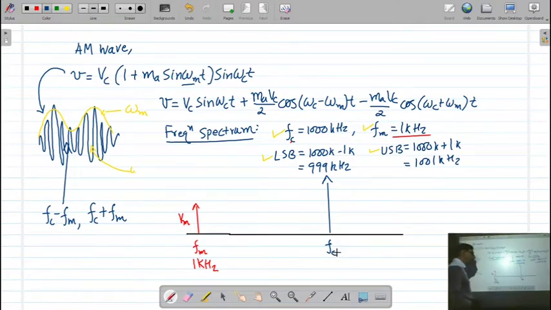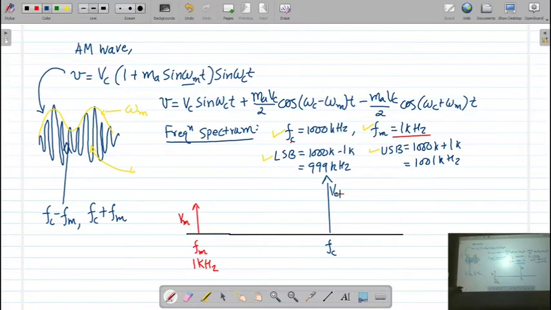The amplitude of this carrier frequency is greater than the amplitude of the modulating frequency. That's why the length of the arrow must be higher than the Vm, and this amplitude is nothing but Vc. So we have represented the carrier wave.